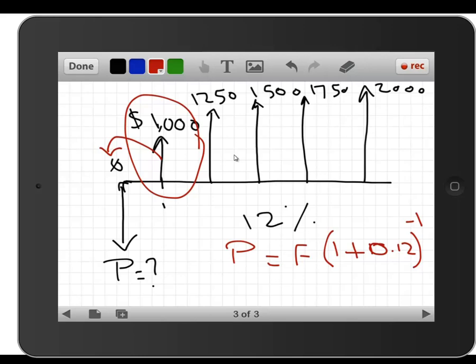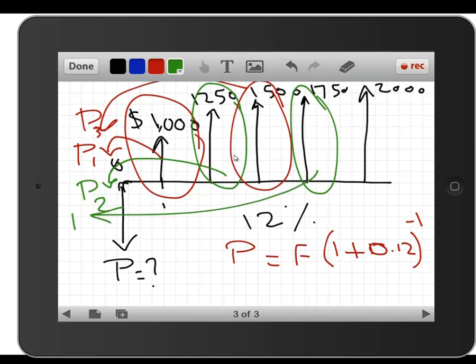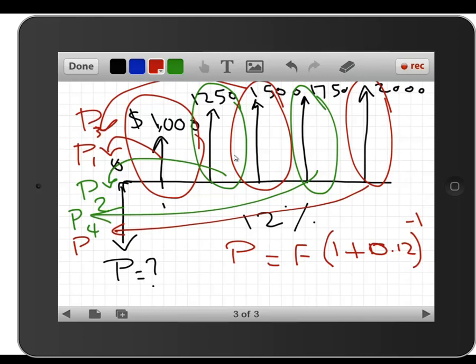We do the same for the second payment and bring it back to P. So now we have P1, P2, P3, P4, and P5.